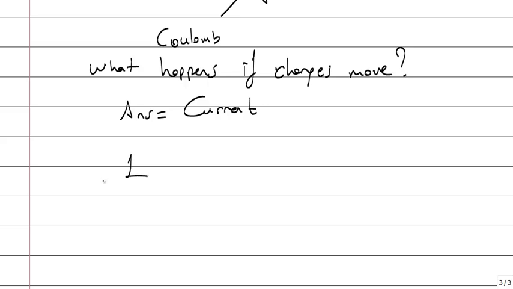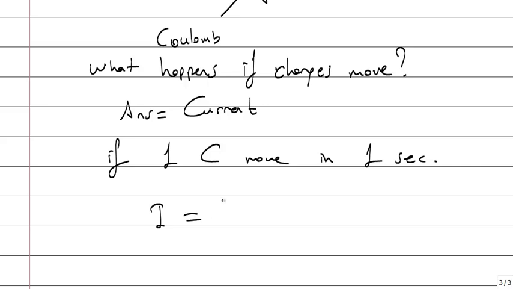If you move 1 coulomb of charge in 1 second, the current is shown with capital or small I, total charge divided by time.